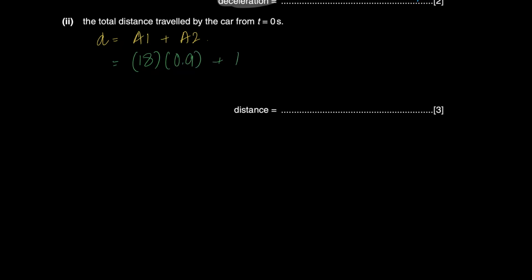Area 2 is a triangle, so I'll use the triangle formula: half times the base, which is 3.1 if I recall correctly, times the height, which is again 18. Solving that, your value should come out to be 44.1 meters. Again, don't forget the units. That's important.